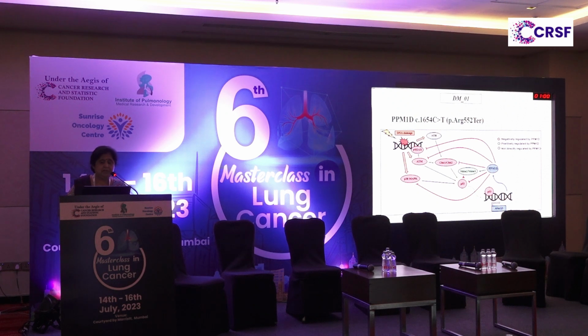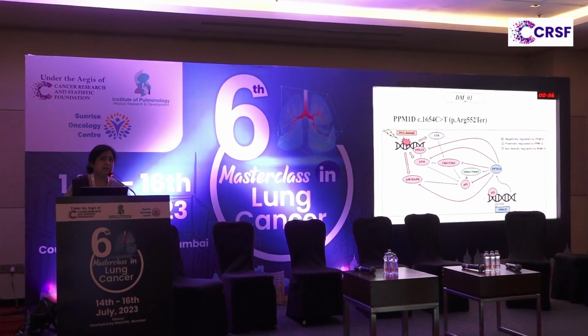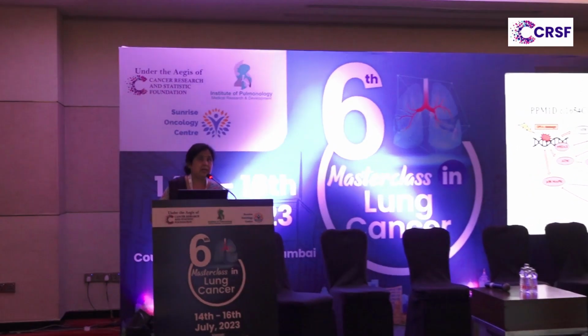So if PPM1D is not normal, what happens is that P53, which is responsible for ensuring that unless DNA repair is done, the cell should not go into further cell cycle, does not do so. So in spite of DNA damage, the cell goes on replicating, and as you know, that increases the chances of acquiring and fixing mutations, and that's why it is logical to consider it an important gene playing a role in carcinogenesis.